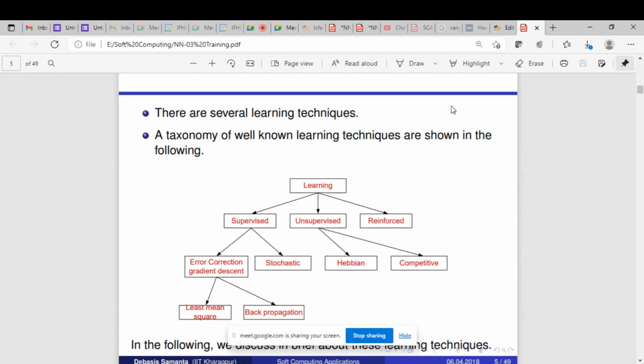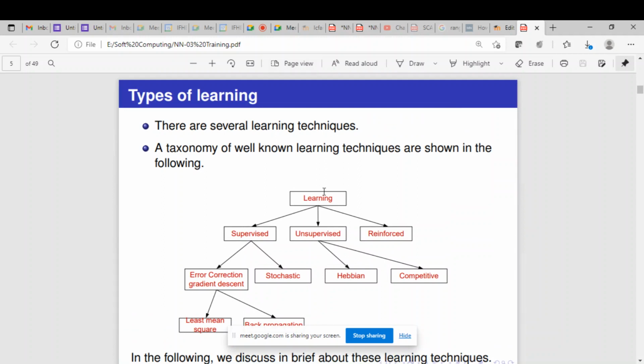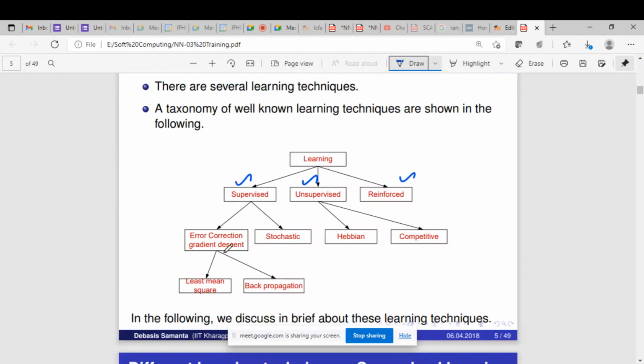So these are the different types of learning we have. At the top level, learning in neural networks can be classified into 3 categories: supervised learning, unsupervised learning, and reinforced learning. Again, there are two types of supervised learning. One is called gradient descent, the other one is stochastic.